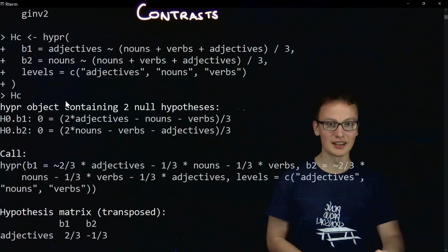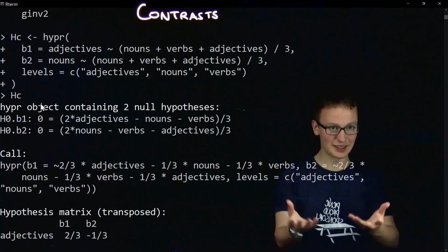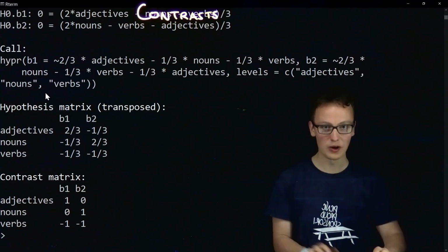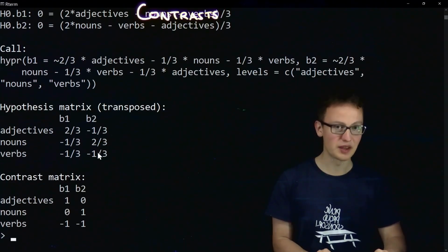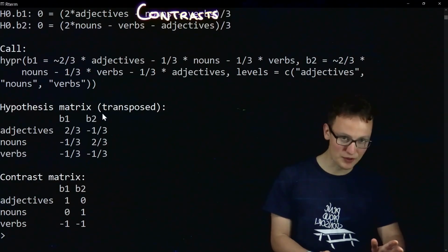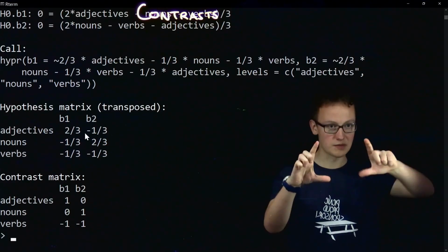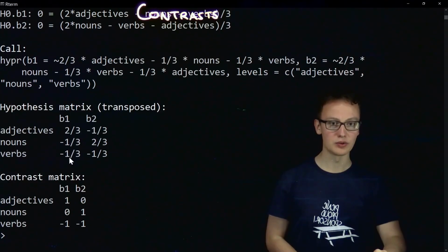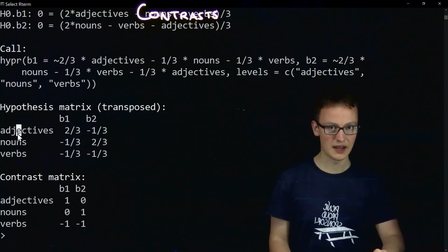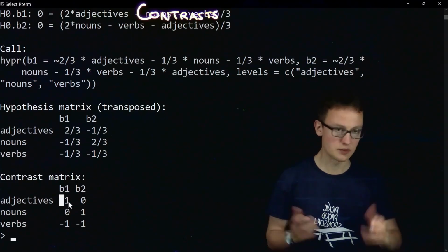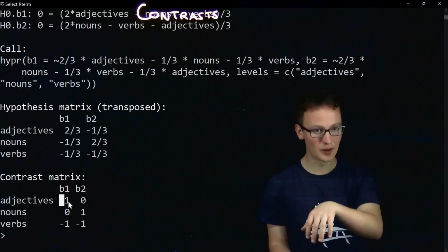So once you let this be output in the console, you see this overall output, and here you have first a summary of the hypothesis matrix in the transposed form, where you have the 2 columns, which in the untransposed form would be rows, obviously, corresponding to the coefficients regarding beta 1 and the coefficients regarding beta 2, in regard to the averages of either adjectives, nouns or verbs. And the contrast matrix would now look as we saw before.